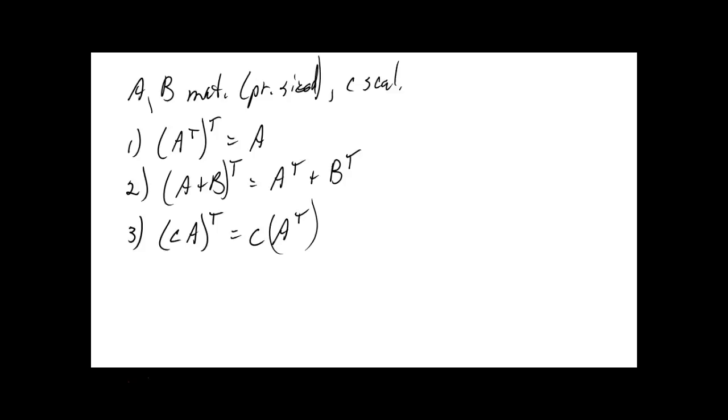Yes. And number 4. This is the one we just did. AB transpose is B transpose times A transpose. Now, of course, the sizes must be so you can do that.